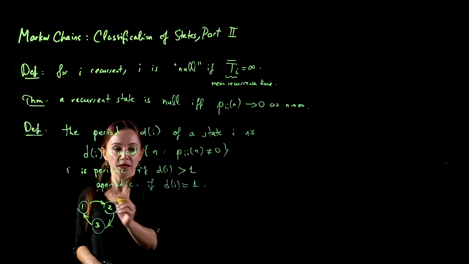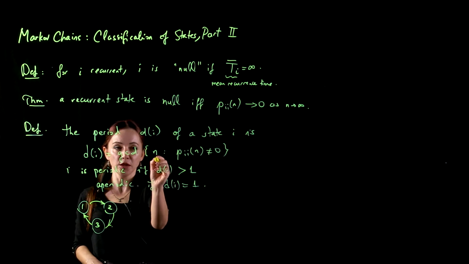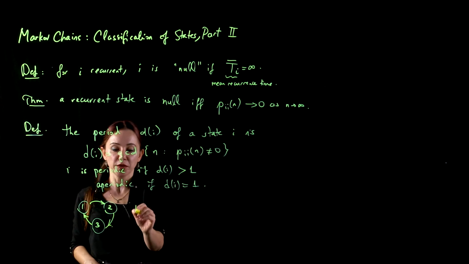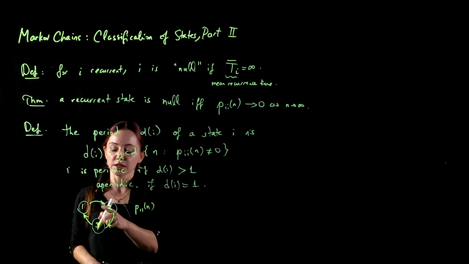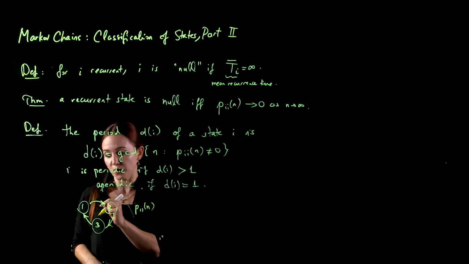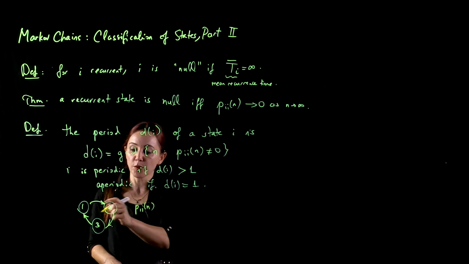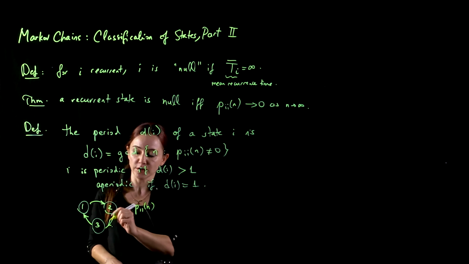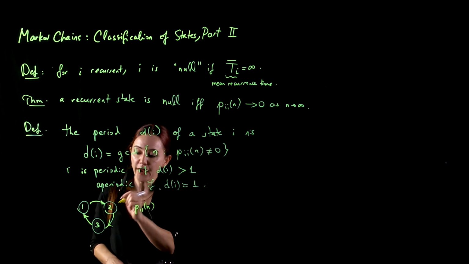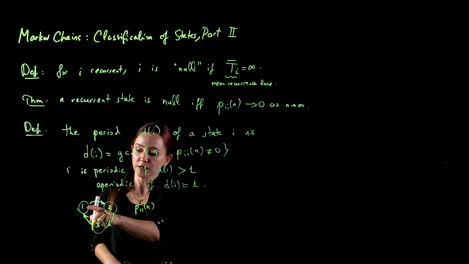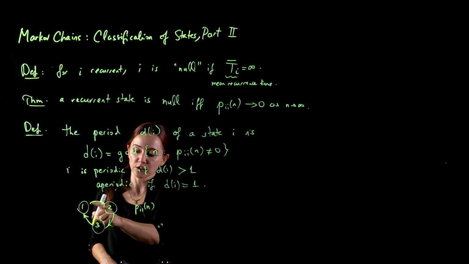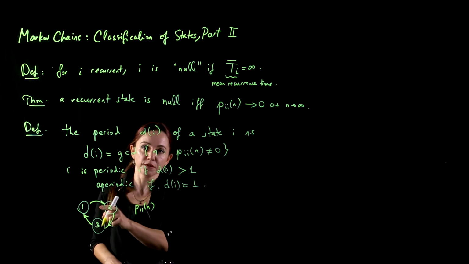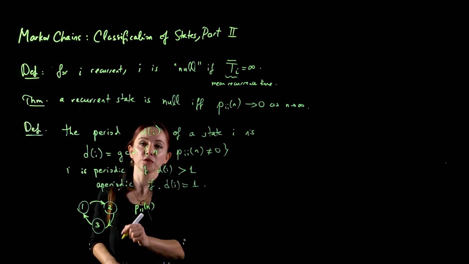Clearly, if you look at values of n for which p_11 of n is different from 0, suppose we started at state 1, we can come back to state 1 in 3 or 6 or 9 or 12 and so on number of steps.